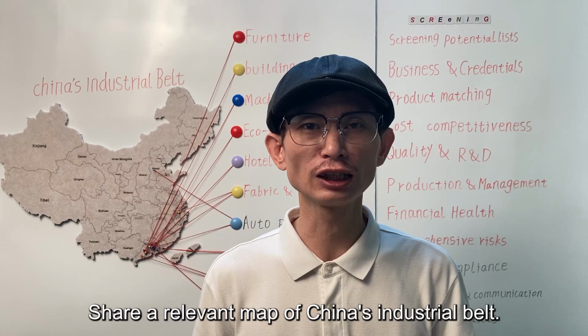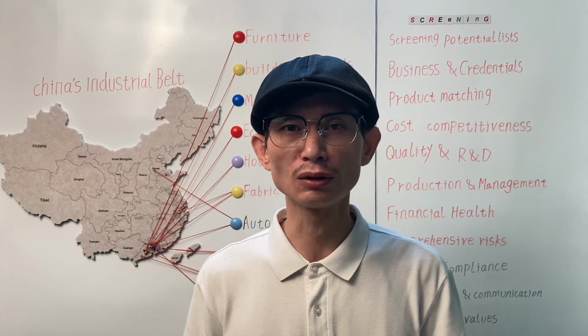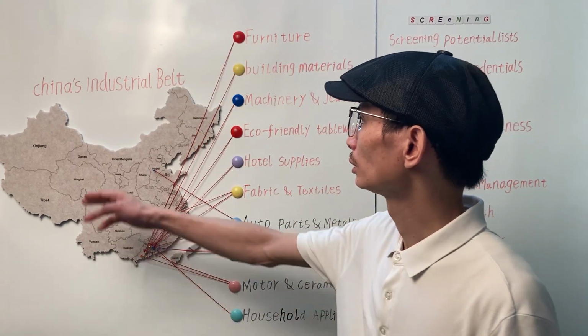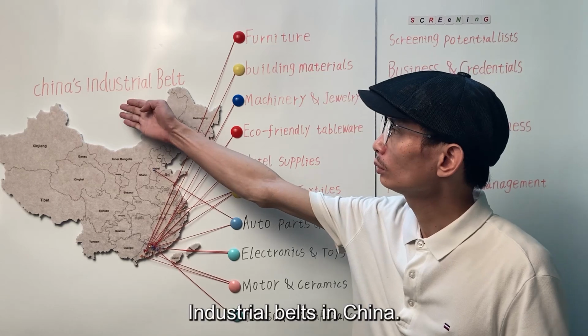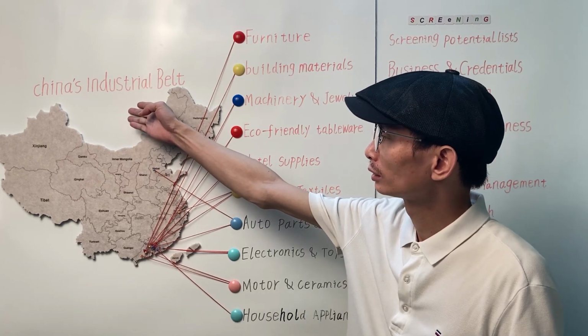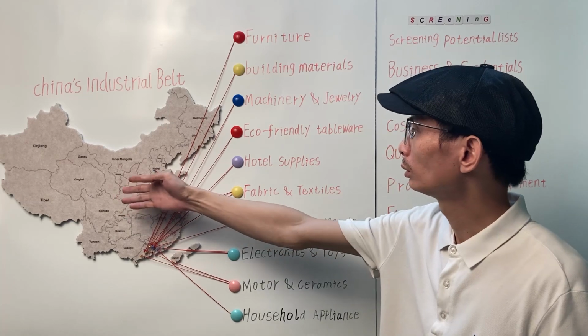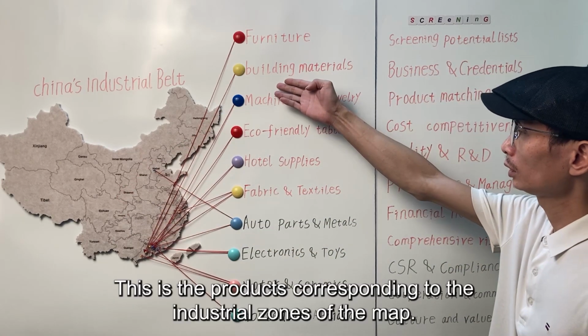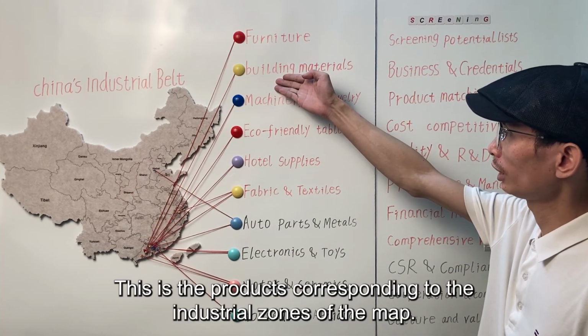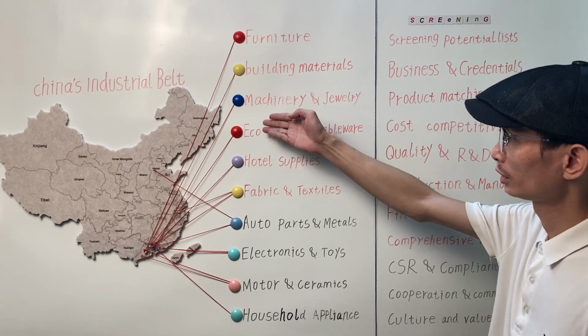Share a relevant map of China's industrial belt. Industrial belts in China. This is the map of China. This is the products corresponding to the industrial zones of the map.